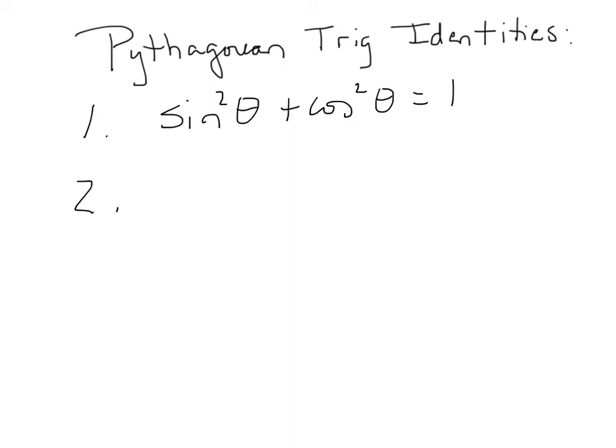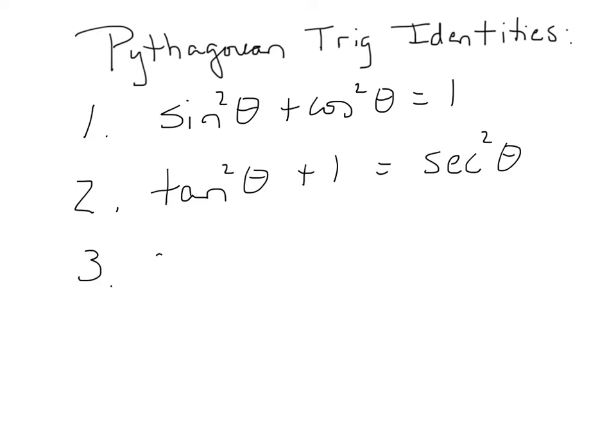The second one, and I'm going to write these in a slightly different order just to make it easier to memorize them, will be tangent squared theta plus 1 equals secant squared theta. And then number 3 will be cotangent squared theta plus 1 equals cosecant squared theta.